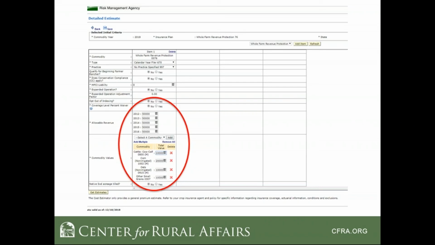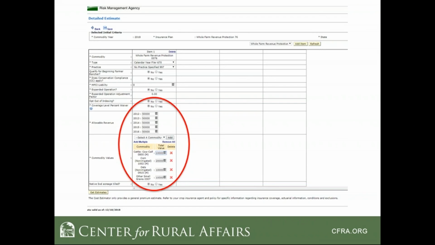To keep things simple, I said that I'm not a beginning farmer, that conservation compliance does not apply, that I'm not interested in multi-peril crop insurance coverage, and I also assume that my operation will not be growing. For this mock example, I said allowable revenue would be $50,000 every year since 2013, and that would break out as $20,000 from non-irrigated corn, $10,000 from oats, $10,000 from other small grains, and $10,000 from cow-calf.